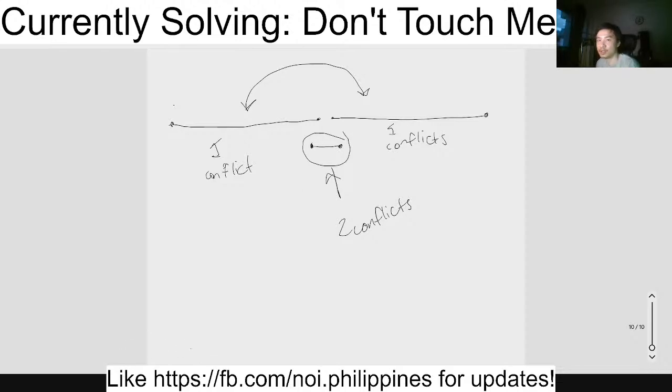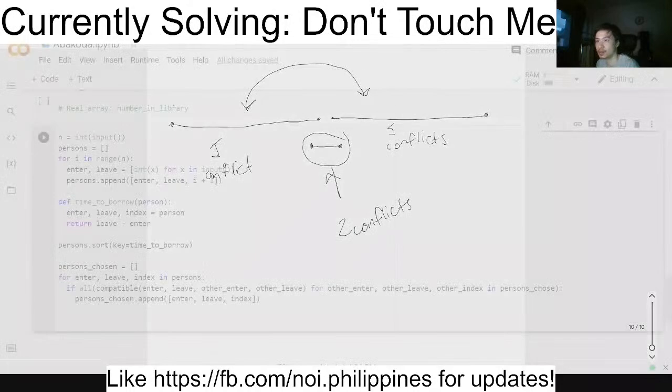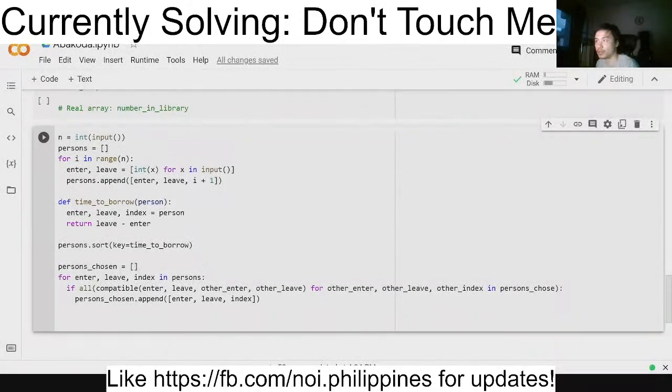Right, so you can modify the code that we did here. Instead of sorting by amount of time they want to borrow, you define a different function, number of conflicts, right?